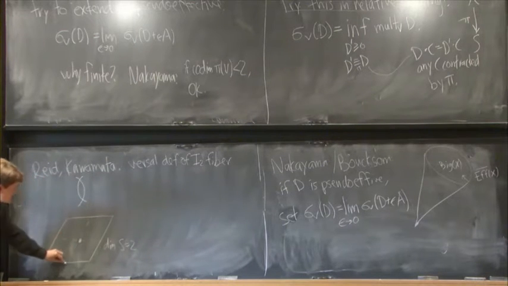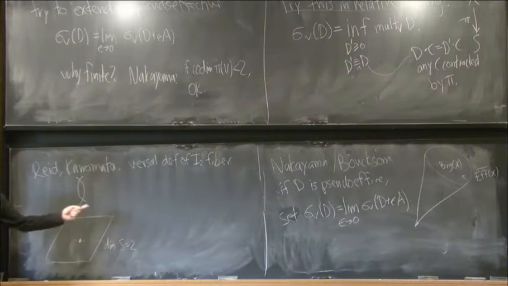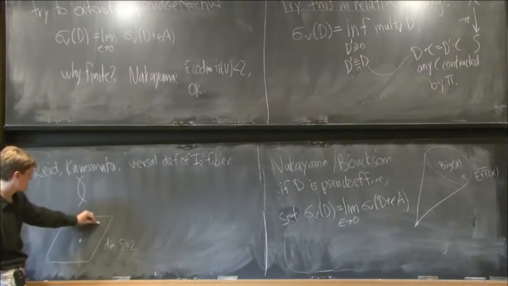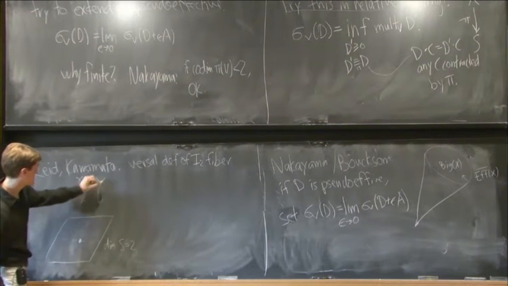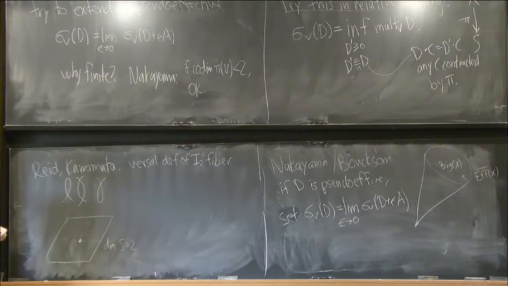Now there's two divisors in S, the x and y axes, let's say. If you move over one of these, you smooth one of the nodes. So the general fiber over the x-axis is going to be a cubic with one node. Over the y-axis, you smooth the other node. And then everywhere else, you get a smooth elliptic curve.